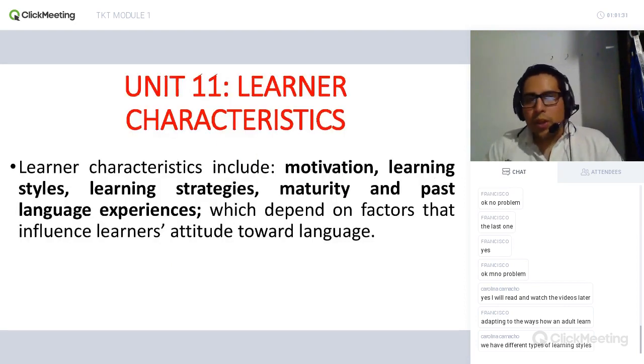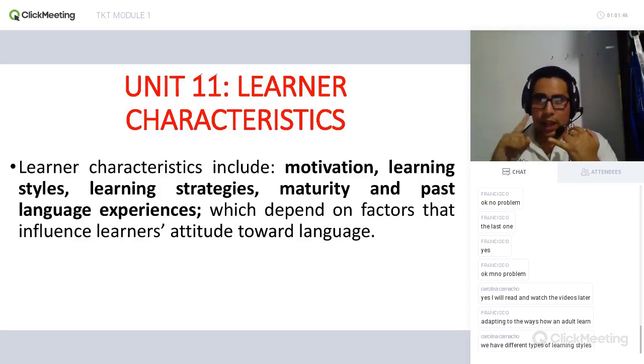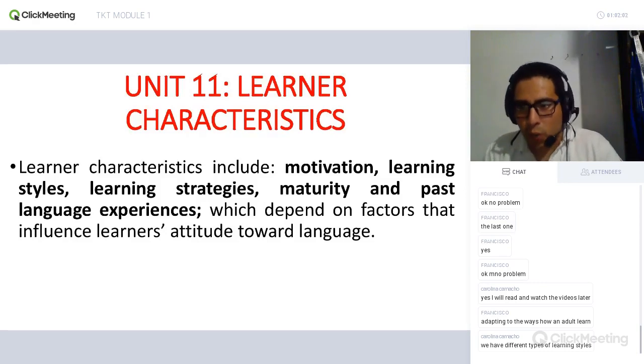Okay, so learner characteristics. This is a very important topic, and you might have many questions about it, so I want you to be aware of this. Learner characteristics include motivation, learning styles, learning strategies, maturity, and past language experiences, which depend on factors that influence learners' attitude toward language.